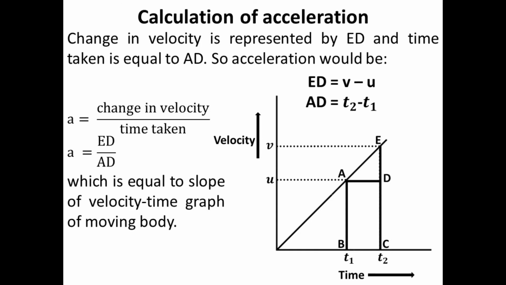The change in velocity, that is v minus u, is represented by ED and time taken, that is t2 minus t1, is represented by AD. Thus acceleration is ED divided by AD, which is equal to the slope of velocity time graph of a moving body.